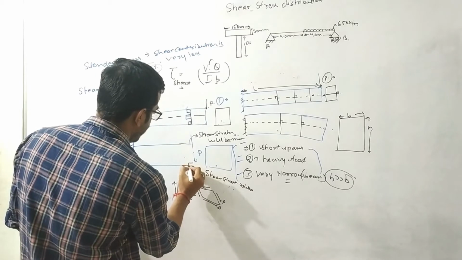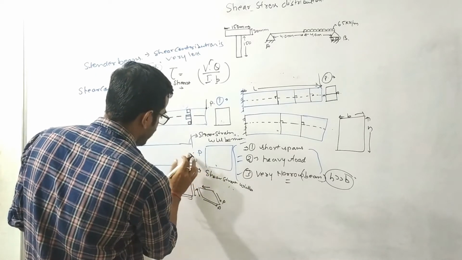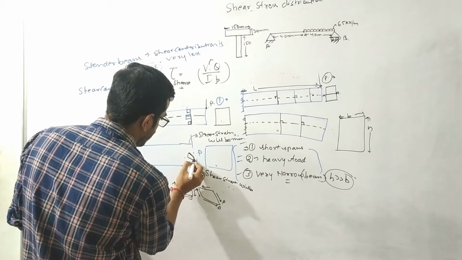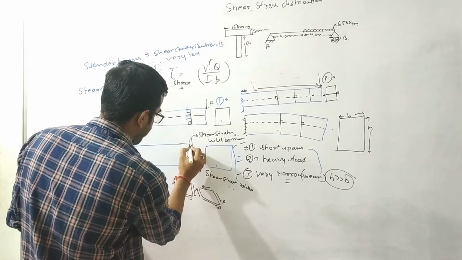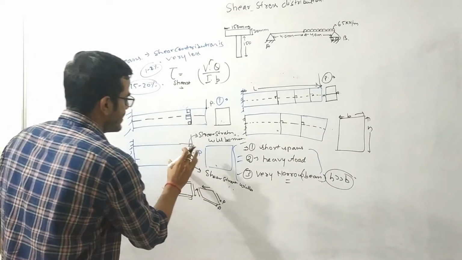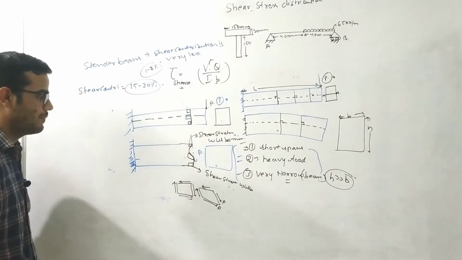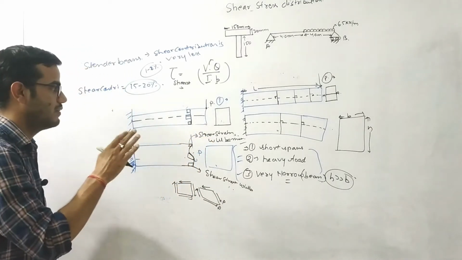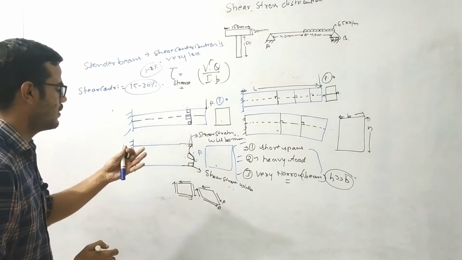Then what is my deflection diagram? What will my cross section look like? There are chances that I may get some warping in the cross section, meaning the cross-section shape is not vertical.